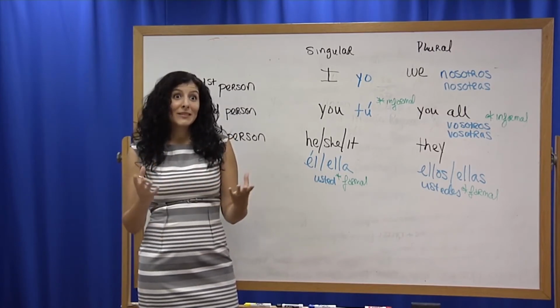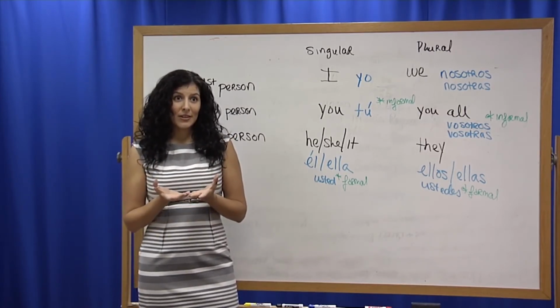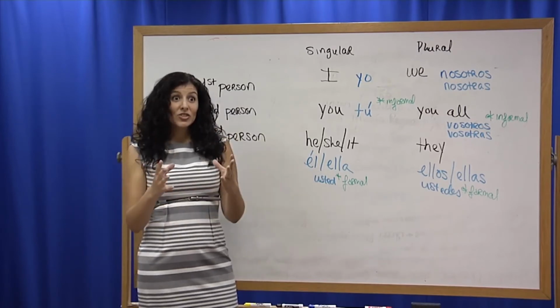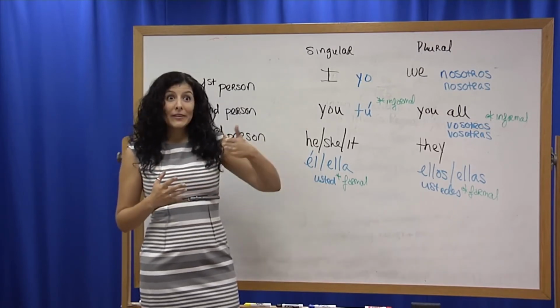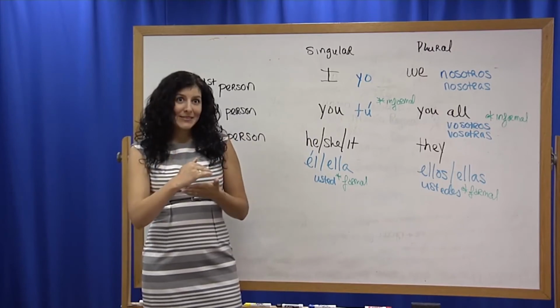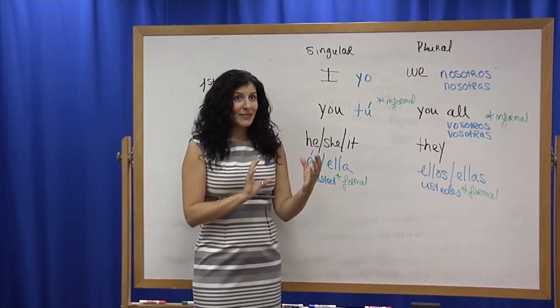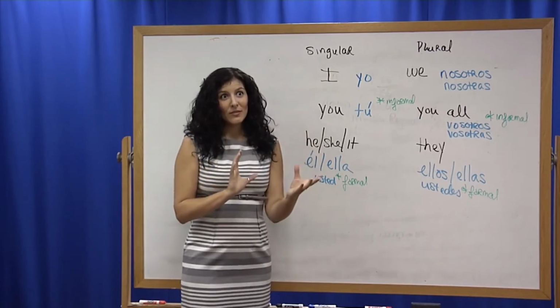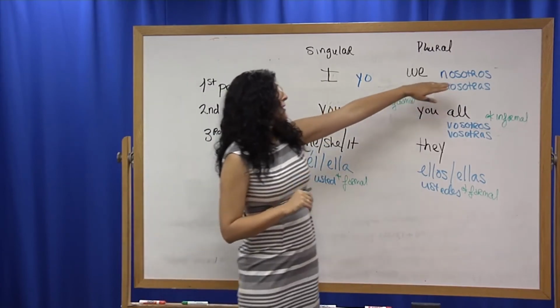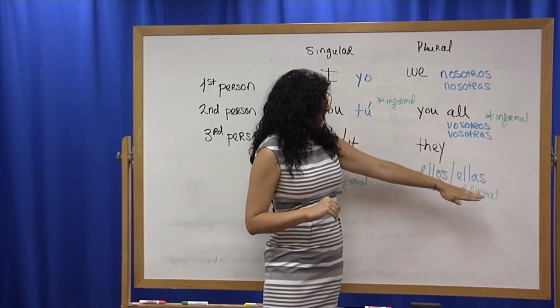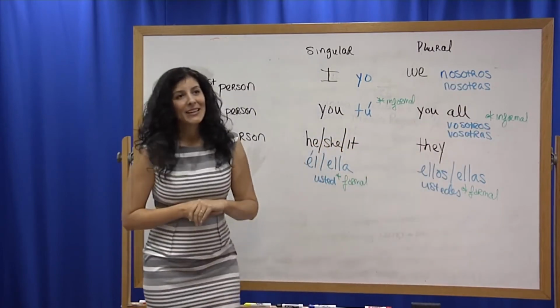You are now in a mixed gender situation. For situations of mixed gender or all males, you would use the masculine as a default. So anytime you have mixed gender or masculine, you're going to default to the male use. So nosotros, vosotros, or ellos.